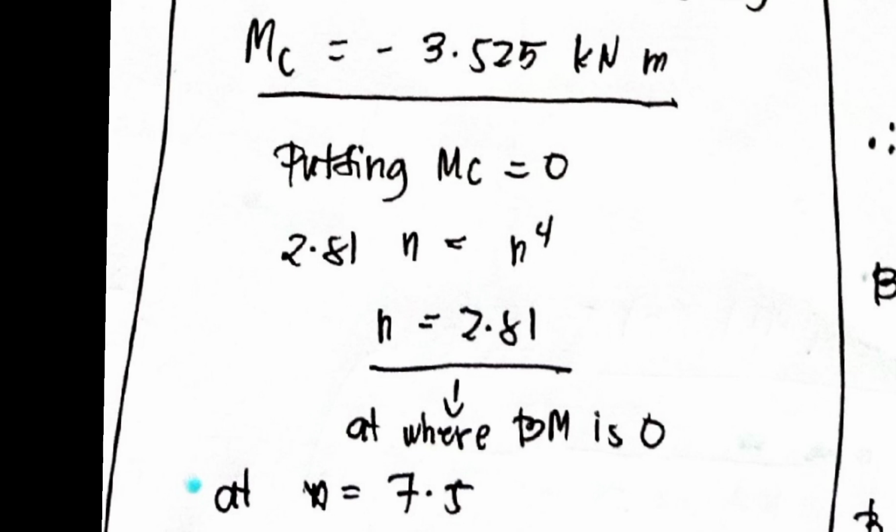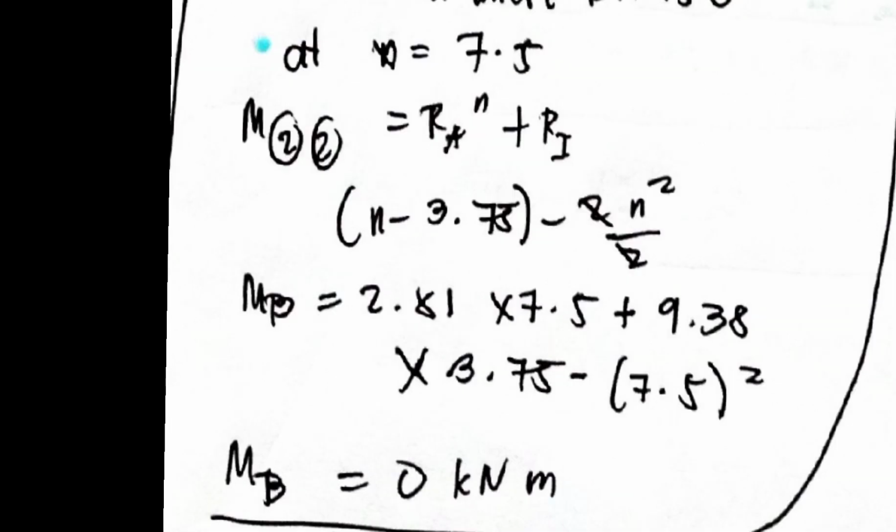Putting M equal to 0, 2.81 N is equal to N raised to the power of 4. N will be 2.81 where BM is 0. So at N equal to 7.5, our M22 will be RA N plus RC times N minus 3.75 minus 2N squared over 2. MB will be 2.81 times 7.5 plus 9.38 times 3.75 minus 7.5 squared. So our MB will be 0 kNm.